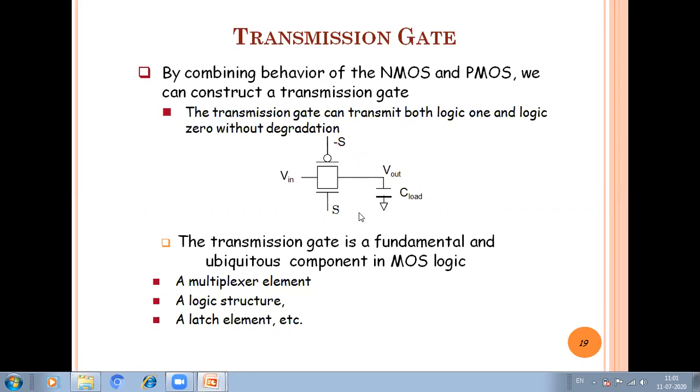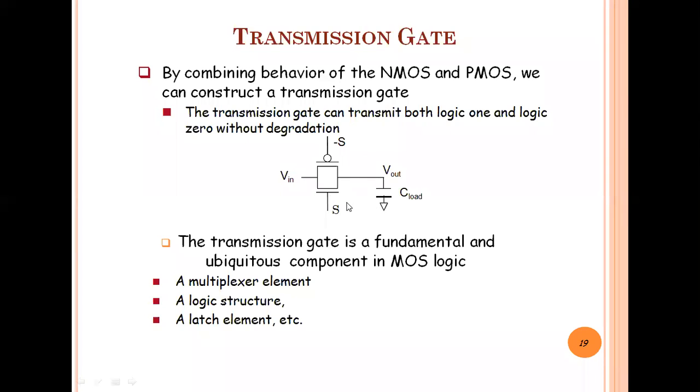Whenever we have to implement any digital circuit, like a multiplexer, memory circuits, counter circuit, shift register, we can implement that circuit with CMOS logic, and at that time we prefer the transmission gate in place of the pass transistor, because the pass transistor has a few limitations.